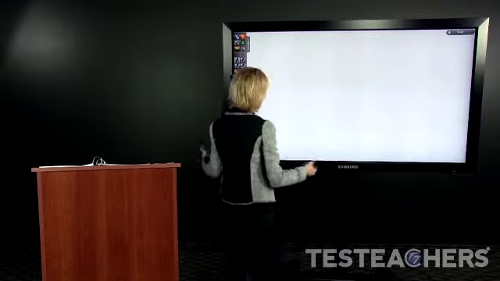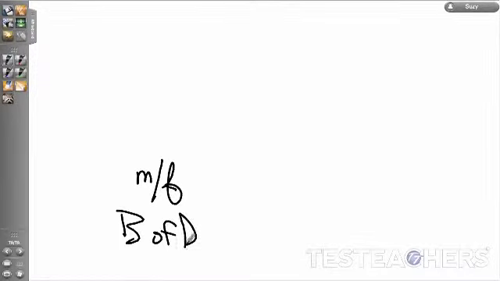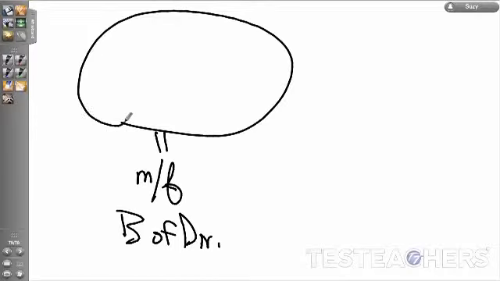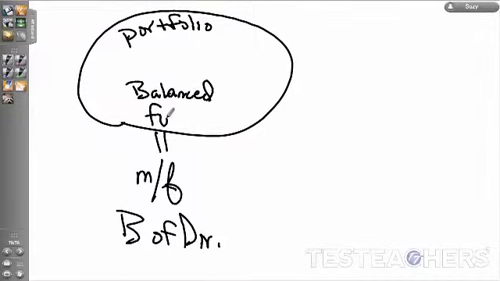So let me tell you a story here. Here we have the mutual fund, the board of directors, and then we have the portfolio. And I'll stick with the balanced fund. How much of the board can be interested? We said 60% interested.